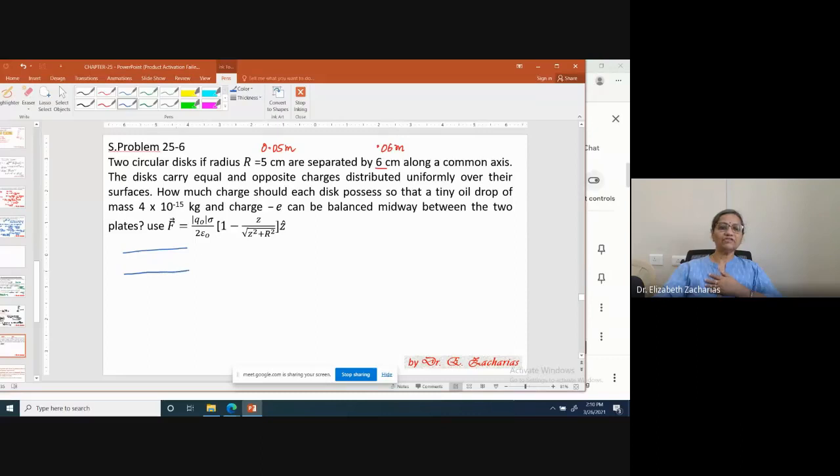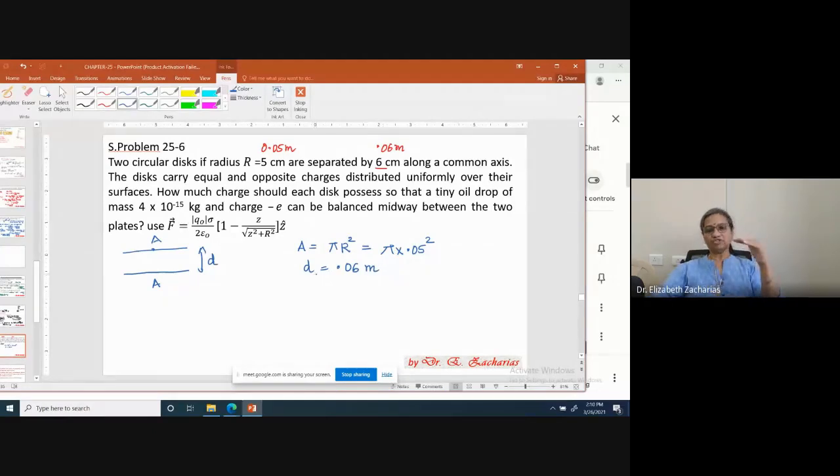Let A be the area of the plates. So A will be equal to pi R square, which is pi into 0.05 square. Then let D be the gap between them. So D is going to be 0.06 meter.